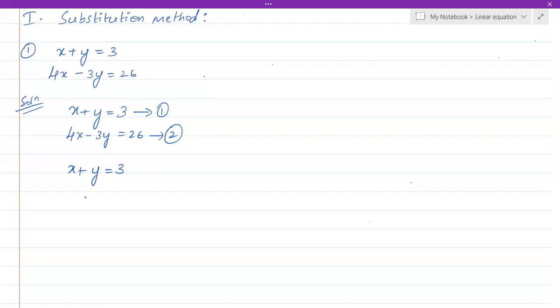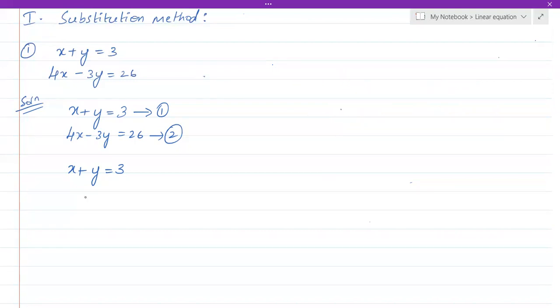When I say solve for x, it means I'll keep x in the LHS and whatever the other things are, I'll put them in the RHS. If I say solve for y, I keep y and send all other things to the RHS. That is the meaning of solve for x or solve for y.